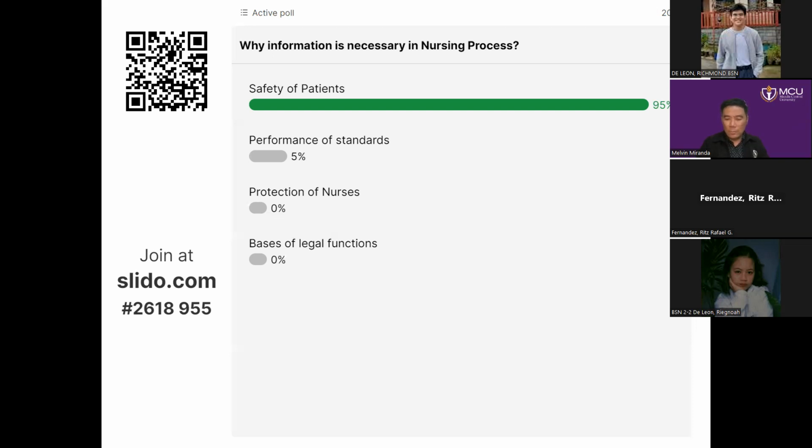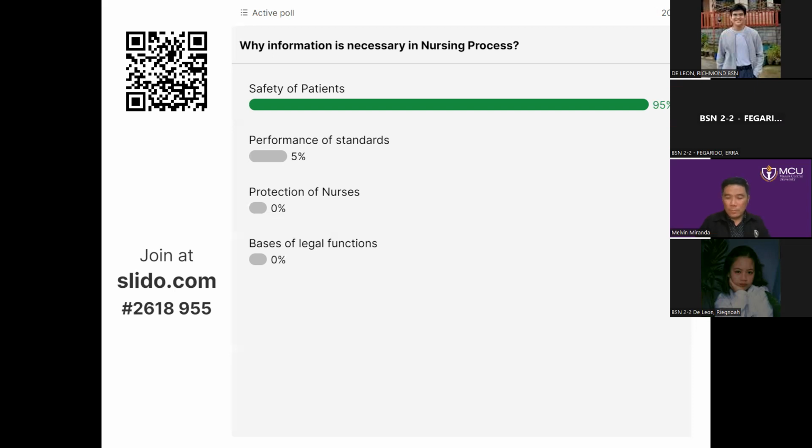As nurses, yun yung pinaka-top priority natin na kailangan gawin, that we need to ensure the safety of the patient. So by using the information that we collected or obtained from them, we can perform po yung nursing process correctly.